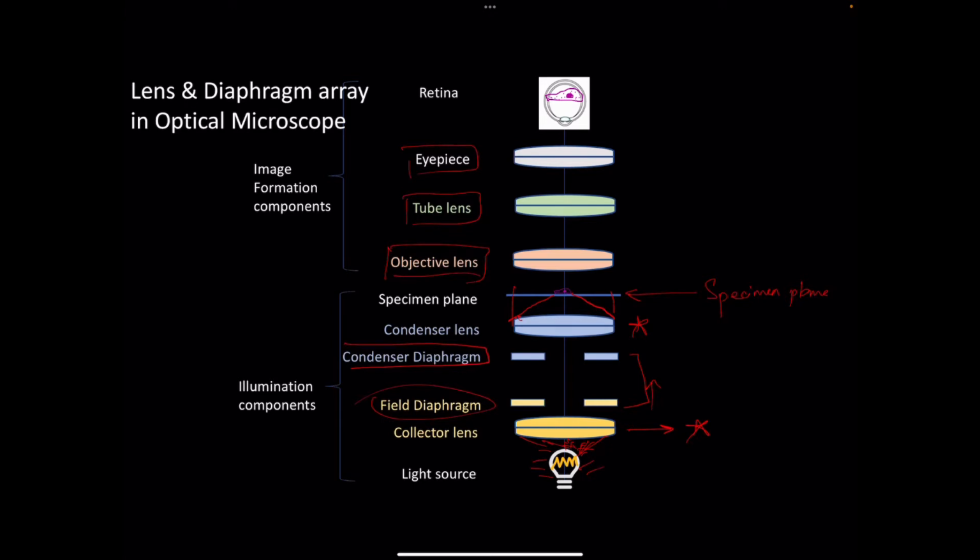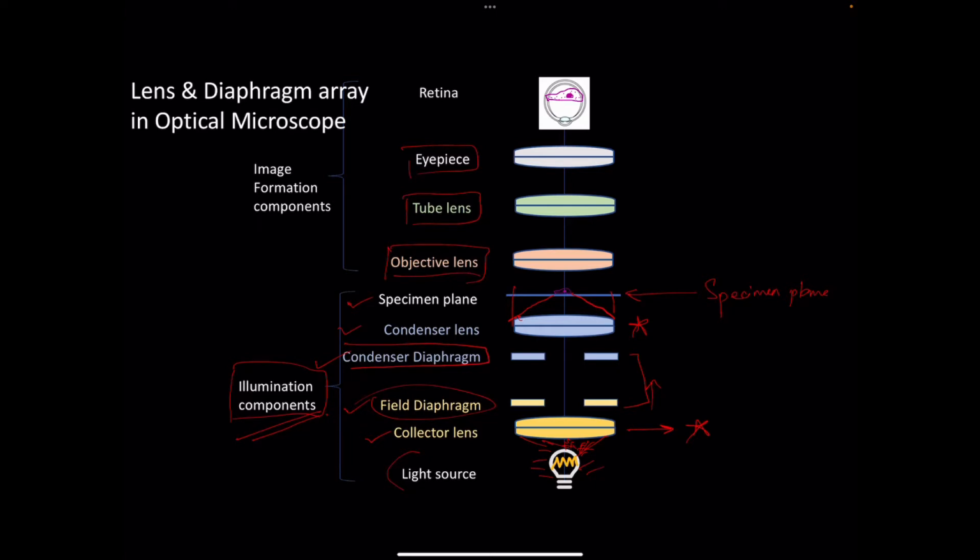Now, after looking at all the parts of the microscope, we can see that the light source, collector lens, field diaphragm, condenser diaphragm, and the condenser lens itself, along with the specimen plane, form the illumination components of the microscope.